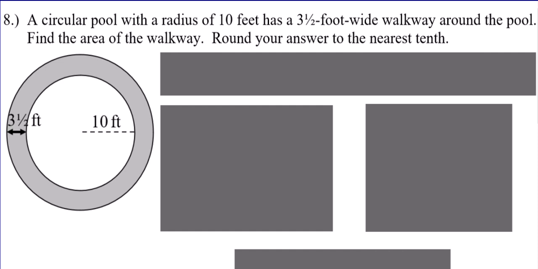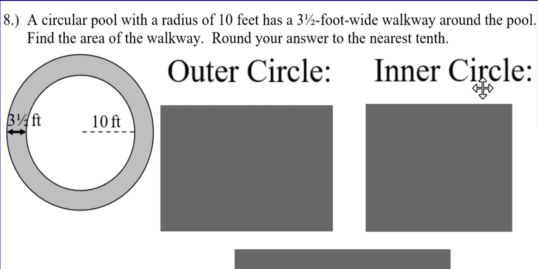Okay, moving on to problem number 8. I'm going to split this up as an outer circle and an inner circle. The outer circle had a radius of not just 10. 10 is the radius of the inner circle, but you need to add the distance from here to here to get the full radius of the outer circle.